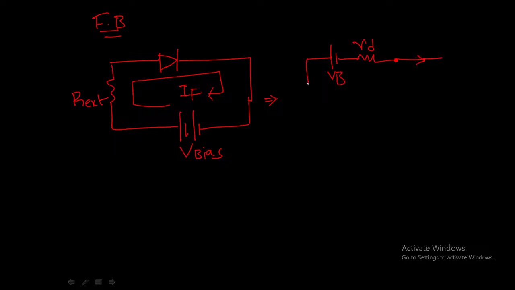So this is a complete model of our forward bias diode. This is V bias, this is barrier potential and RD. So this is how we are going to approximate our forward bias diode in complete diode model.